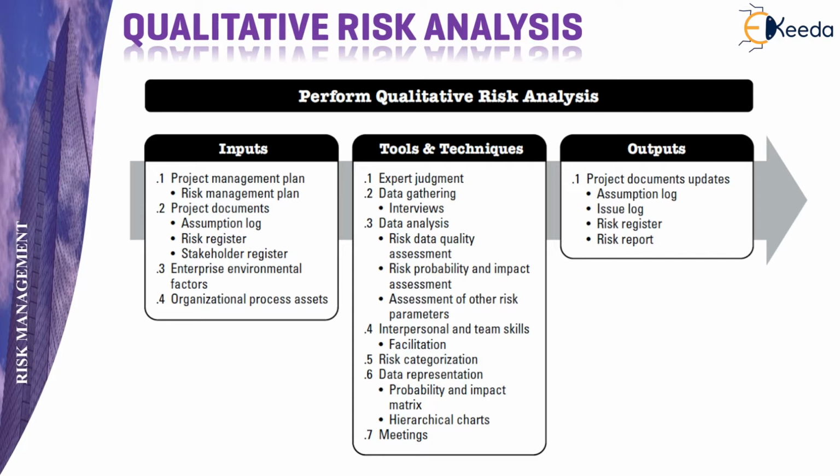Similar kinds of tools and techniques as we had earlier used to identify the risk are used for analyzing them. The output from this is an updated risk register, updated risk report, updated issue log, and the assumption log.